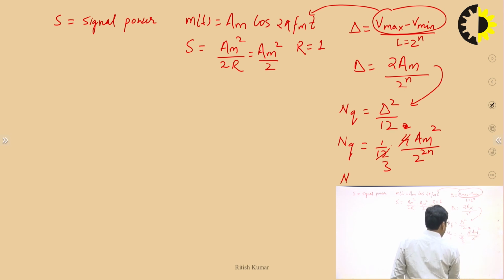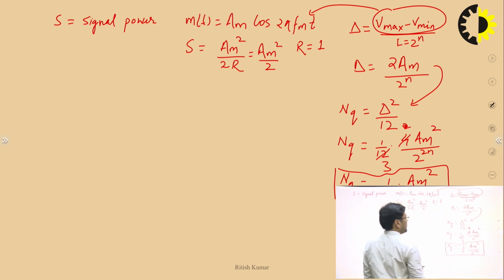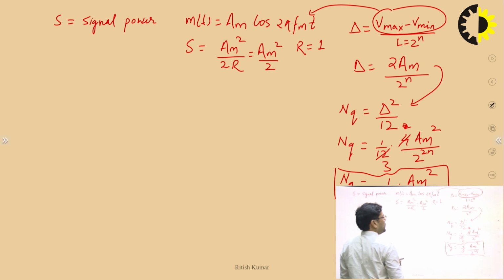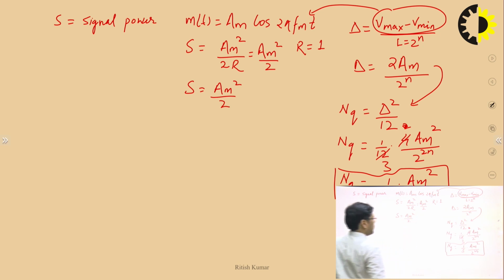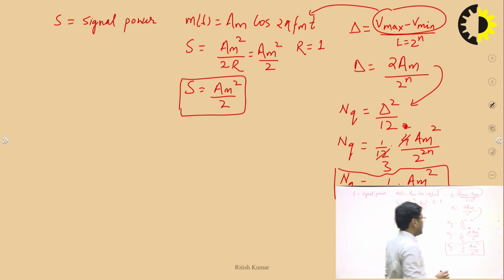So Nq is equal to 1 by 3 Am square upon 2 to the power 2n for the single tone message signal, right? And signal power you can write Am square by 2, right? So this is the signal power in terms of amplitude. This is the noise power in terms of amplitude as well.